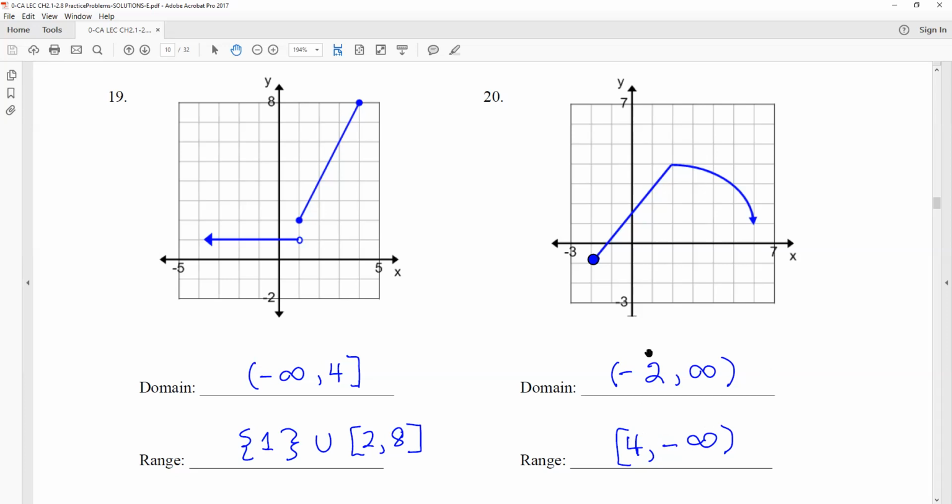So the -infinity should have been first, followed by the 4 right here, inclusive. A mistake on the handout.